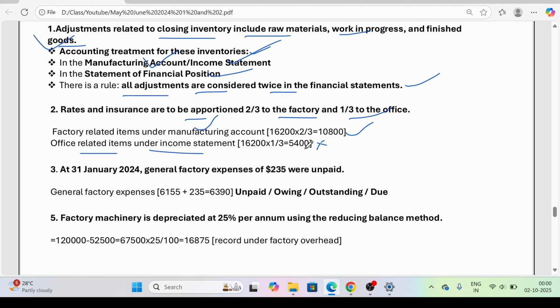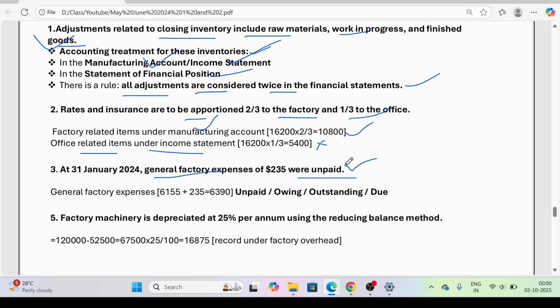If they ask for an income statement with expenses and income, then we have to include this. If only the trading section is given, no need to write this one. So next we are moving to the third one. At 31st January 2024, general factory expenses of $235 were unpaid.